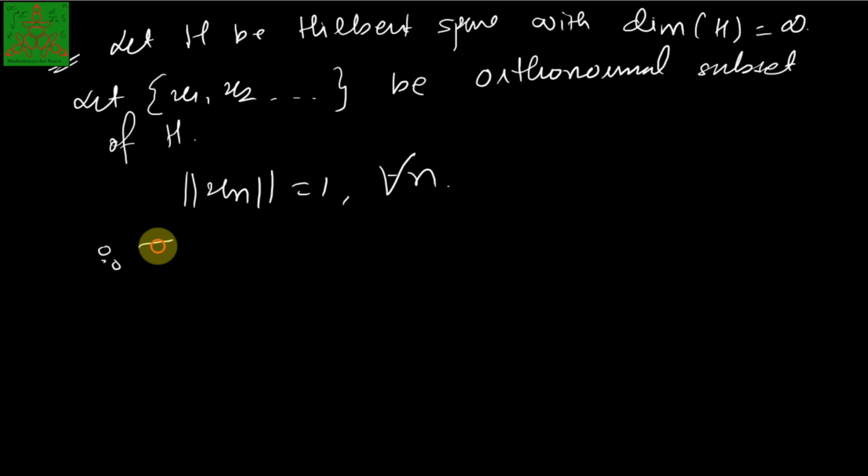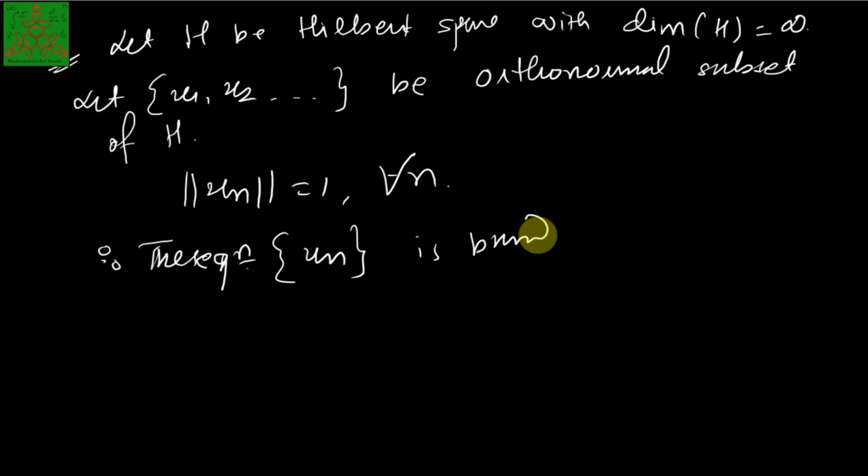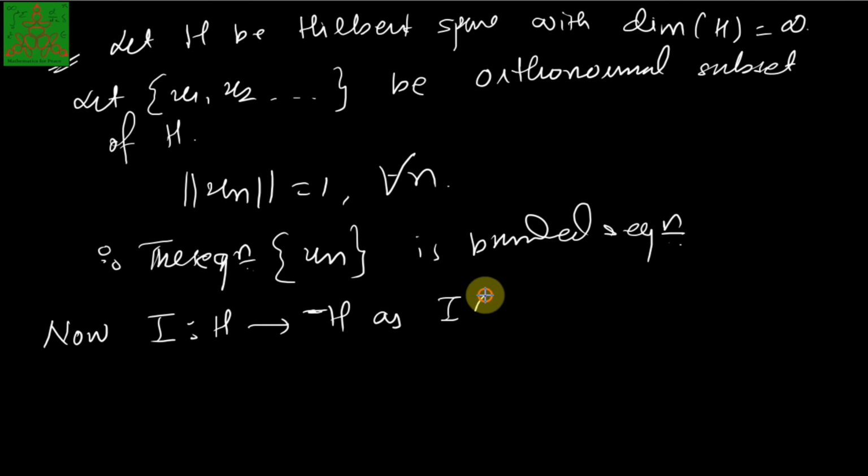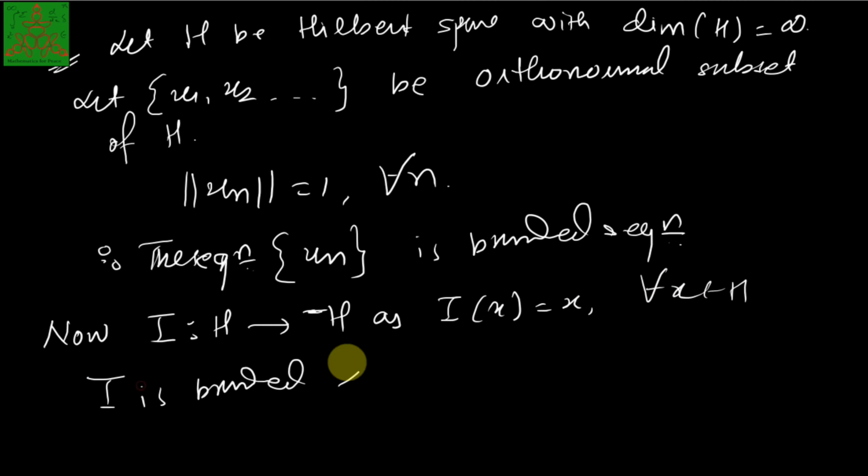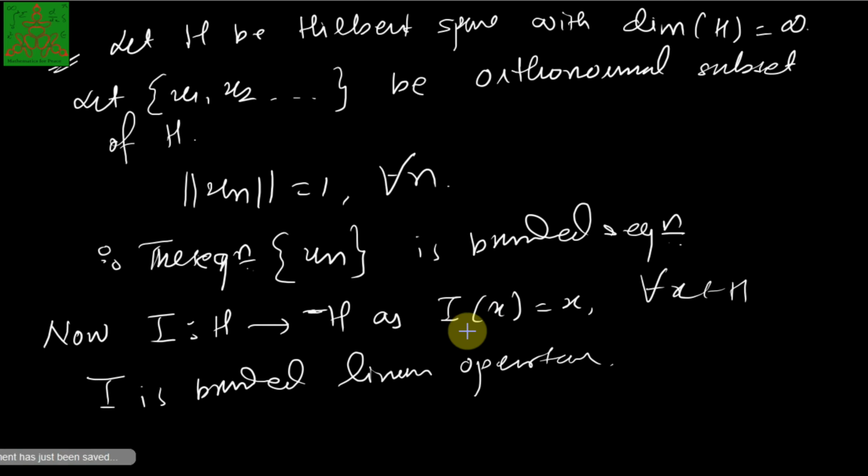I can say that the sequence which we have created from this un is a bounded sequence. Now let us consider the identity operator from H to H, I of x is equal to x for every x belongs to H. You can see that this I is a bounded linear operator. But our objective is to claim that this I is not a compact operator.